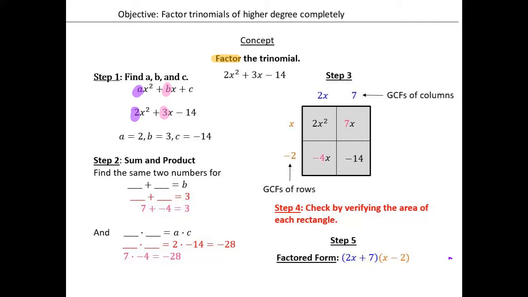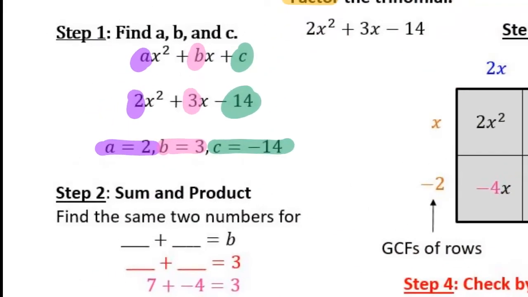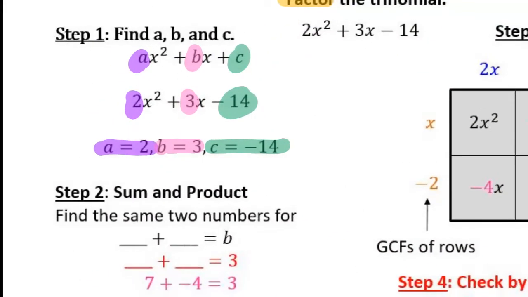And your C term would be the one at the end, the constant. That's how you find your A, B, and C. So A is 2 in this case, B is 3, and C is negative 14. So step number 1 is just being able to not calculate, but determine what those 3 values are.